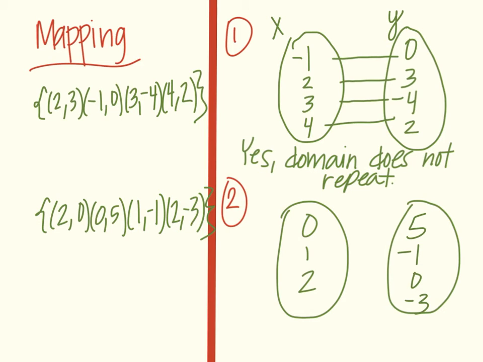So draw the lines. Because there are two lines from this domain, from the domain of 2, this is not a function. If there are two lines coming from the x value, it's not a function. That means the x repeats. So we can say no, domain repeats.